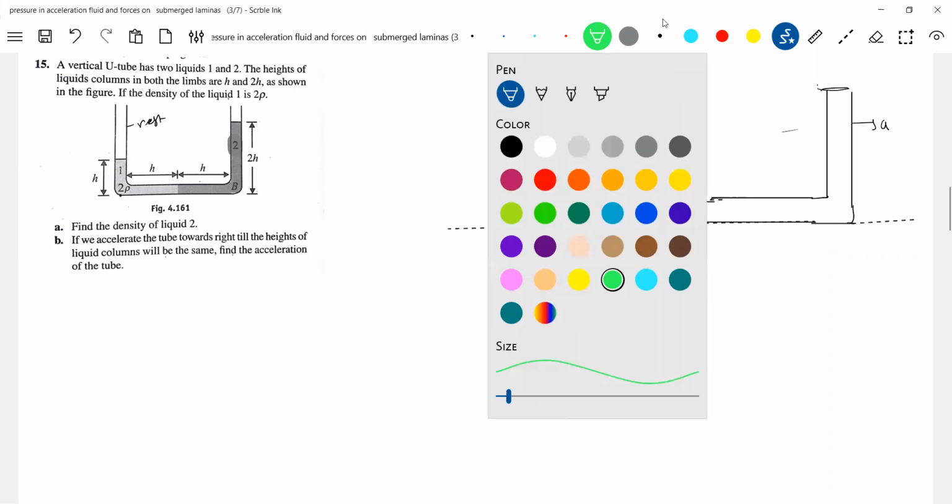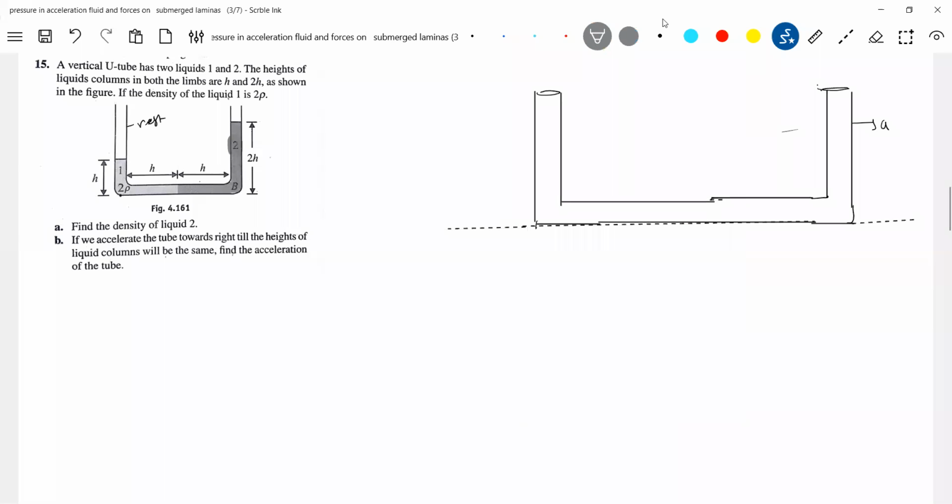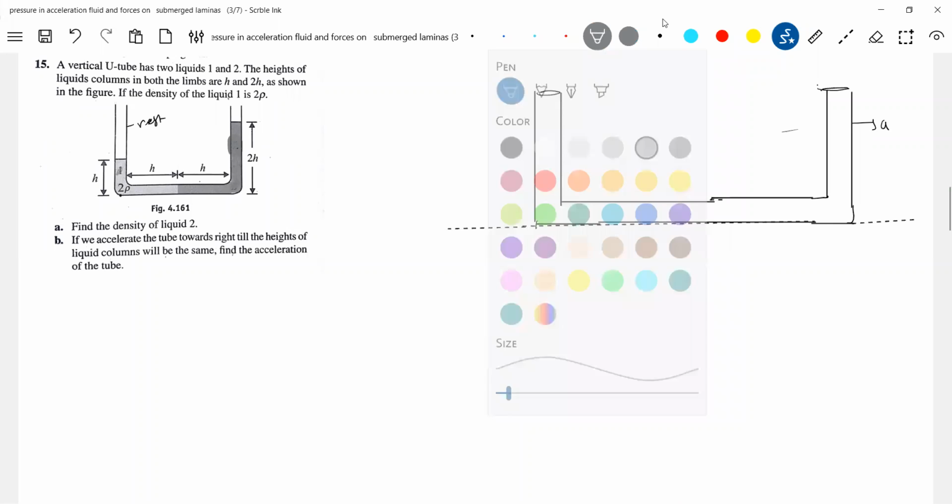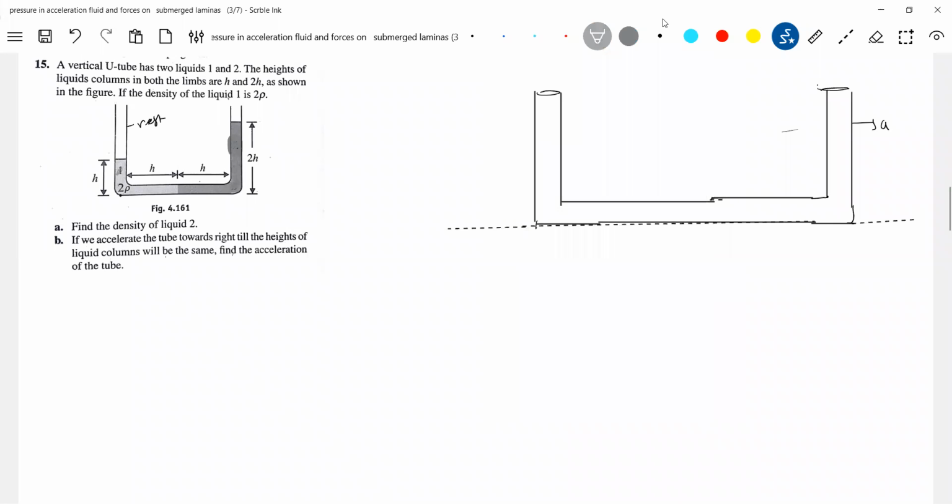Meanwhile you read it, I'll remove that term. This will be the density of the other liquid.